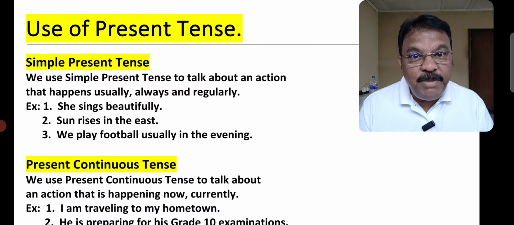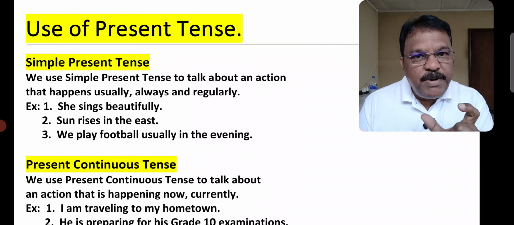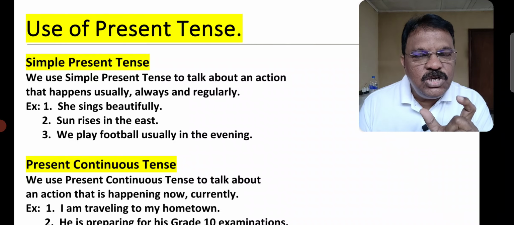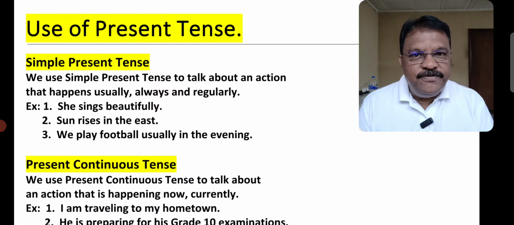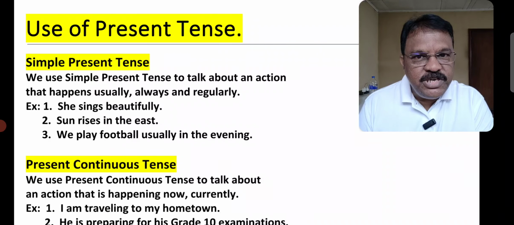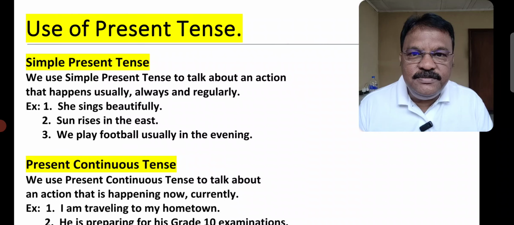You got it? By the way, which part of the sentence talks about the action of the sentence? It's the verb. Verb is the one that talks about the action of the subject of the sentence. You got it? My dear friends, in our sentence, we have a subject and we have a verb. Sometimes without a subject, you may construct a sentence.